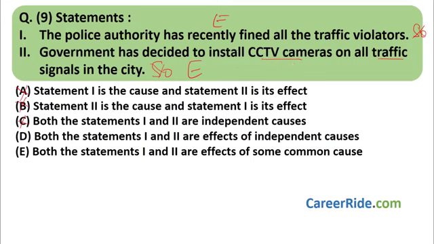In the city, and the police authority is also fining all traffic violators. So everything is related to the traffic and traffic violators. So there is some common cause of traffic violation, and the effect of it is that government decided to install CCTV cameras plus the police authority is fining traffic violators. So both of them are effects of a common cause. Answer is E. Moving to next question.